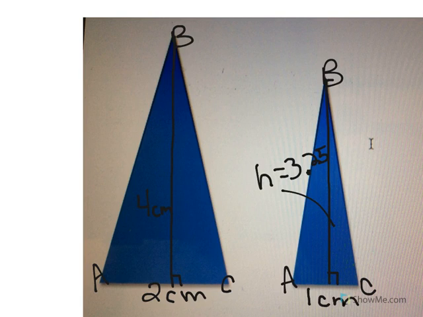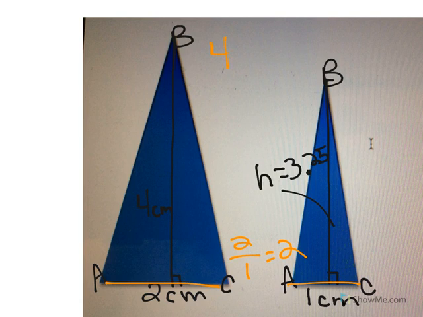So let's take a look at this example. We have the bases on these two triangles. AC would be similar to AC. So we would set up a ratio of 2 to 1, which would just be 2. So if the ratio between the heights of the two triangles is also 2, these would be similar triangles.